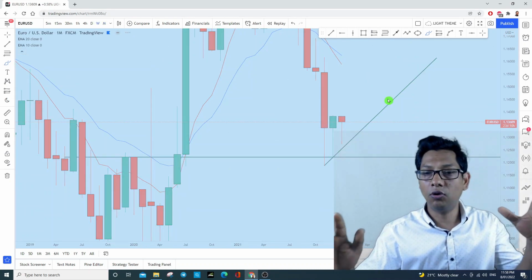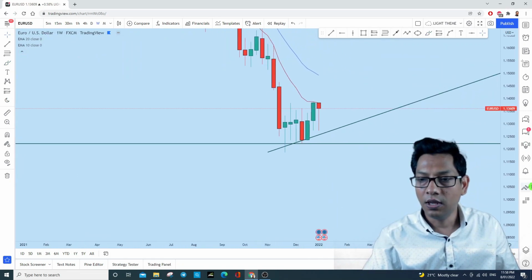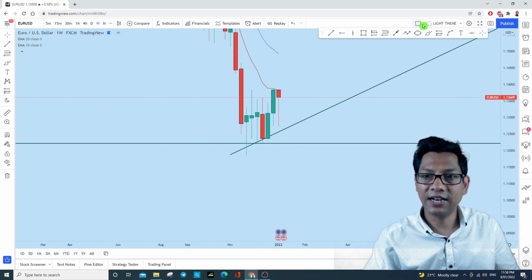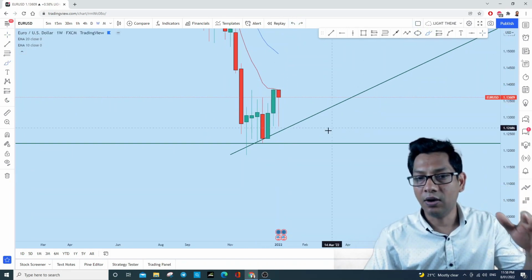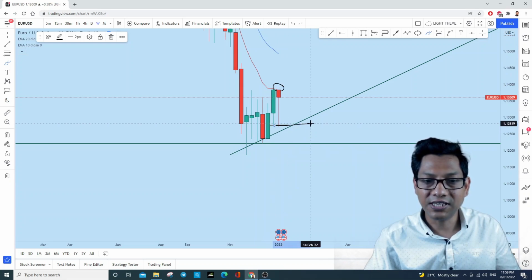Now let's see on the weekly time frame what kind of price action it has created. On the weekly, EURUSD created a hanging man last week. This hanging man has no wick at the top, and it also extended the previous candle's low.